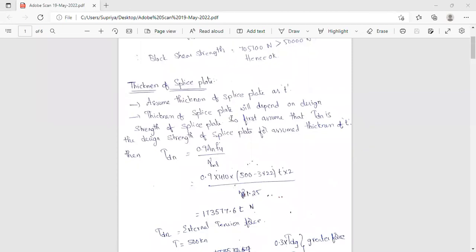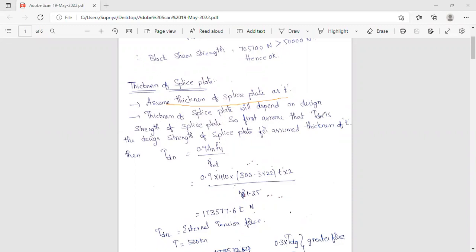To design the thickness of the splice plate, first let us assume that the thickness of the splice plate is T. We already discussed that the strength of the splice plate, or strength of the connection, must be equal to the design strength, the strength imposed on the members. So the thickness of the splice plate will depend on the design strength of the splice plate.